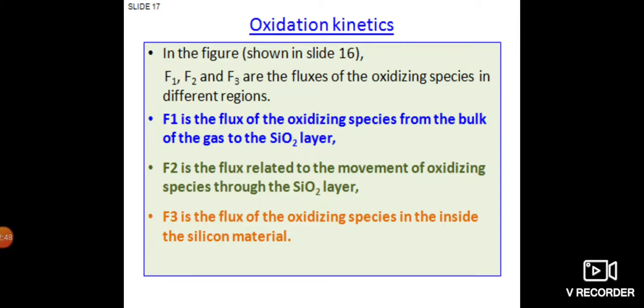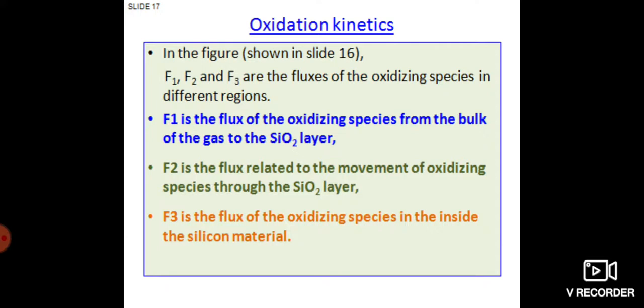Oxidation kinetics. In the figure I just showed you, F1, F2 and F3 are the fluxes of the oxidizing species in three different regions.